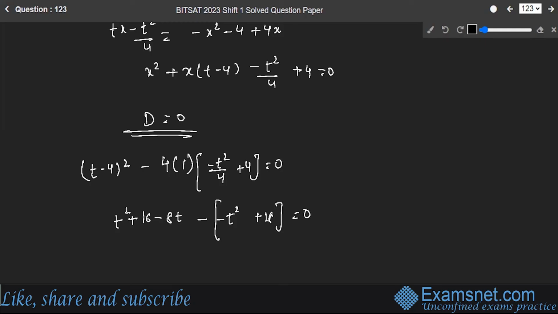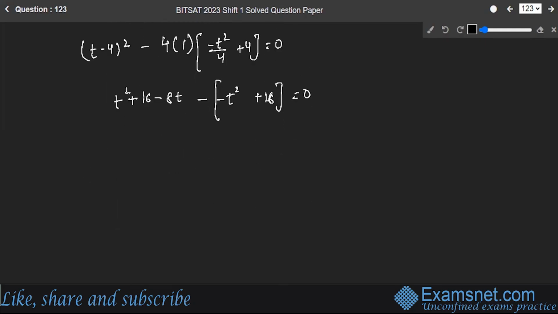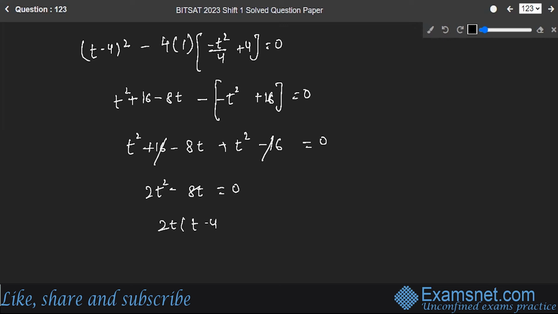This is equal to 0, and this will be t square plus 16 minus 8t minus t square minus 16 is equal to 0. So 16 and 16 will cancel. You will have 2t square minus 8t is equal to 0, or you have t is equal to 0, or this is equal to 4.